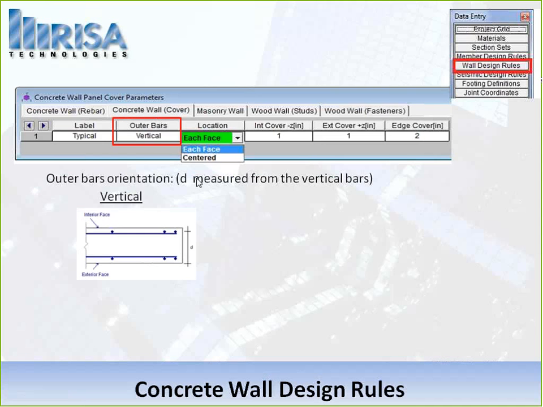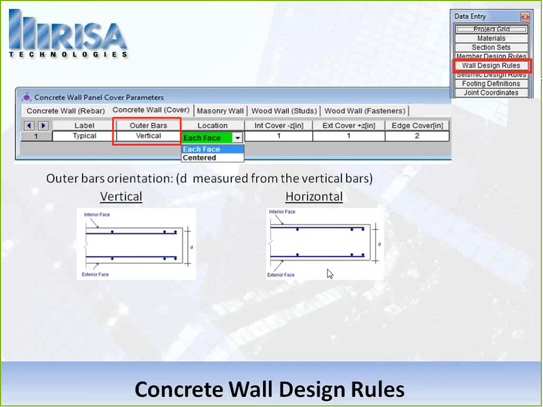Our cover tab has a couple of different things. The first thing is a typical label. You can label that anything you want, and we'll see how that becomes important when we look at a multi-story model. Our outer bars are defined as either vertical, which you can see in this picture, or horizontal, on the interior and exterior face, either the vertical bars first or the horizontal bars.